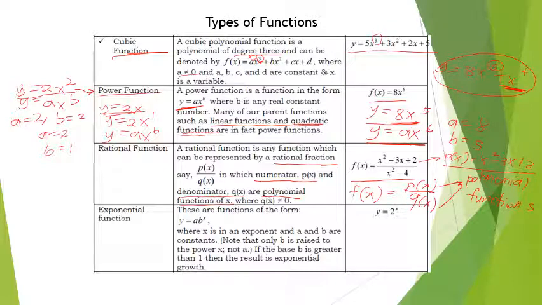Tapos ang q of x naman ay equal sa x squared minus 4. Kaya, basta kapag may naka-over dito, may denominator siya, yan ay tinatawag na rational function. Rational function na yan.